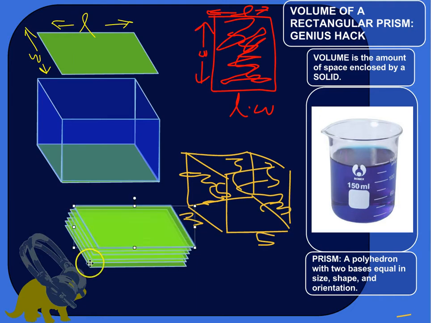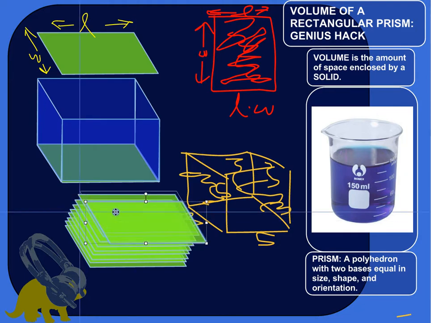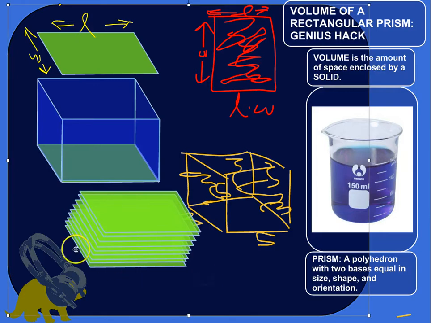You can think of it as translating this base along a line, shifting it along the line and carving out a prism. This is not exactly perfectly right, but now I start with a two-dimensional figure, I've translated it through space, and now I've got a three-dimensional figure.